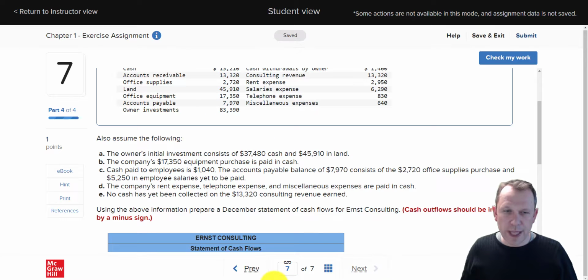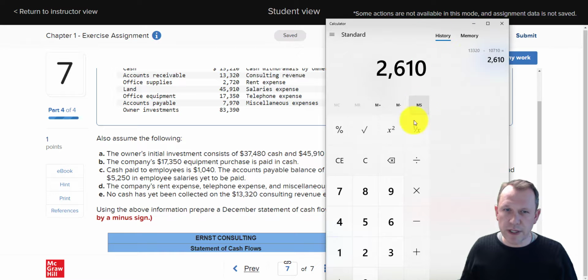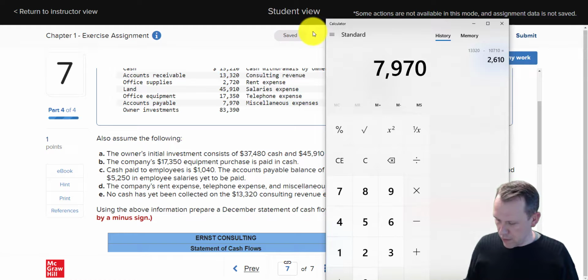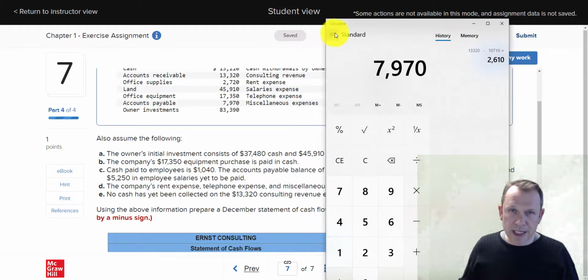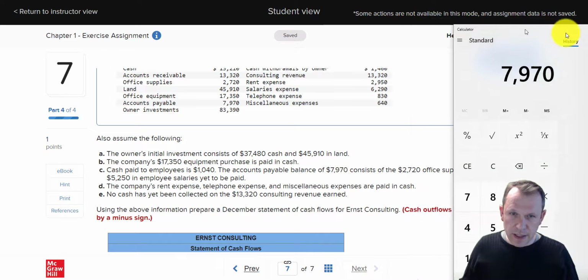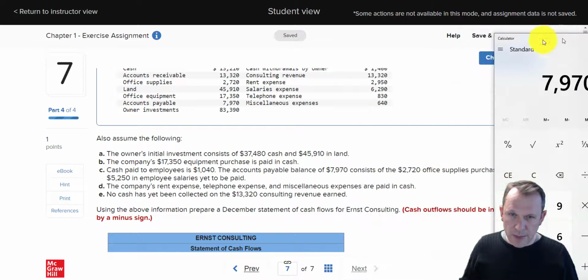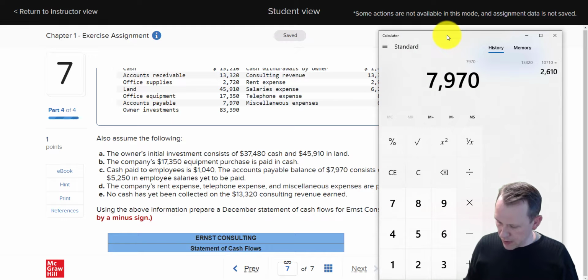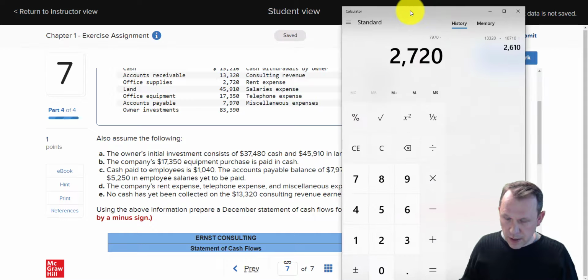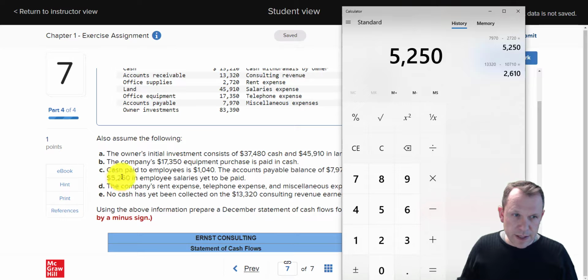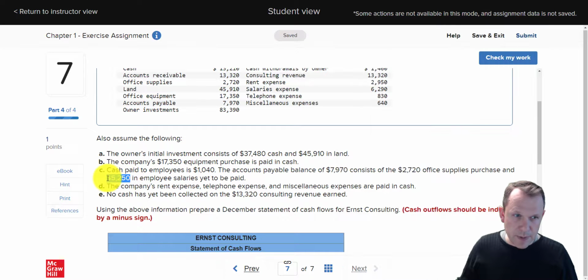So if we add that up, let's take a look here real quick at this, right? So there is 7,970, right? That balance consists of, let's see, 2,720 office supply purchase, right? So if we take that out, 2,720, I believe that was the right one, right? Yeah. And then the leftover is this employee salaries yet to be paid.